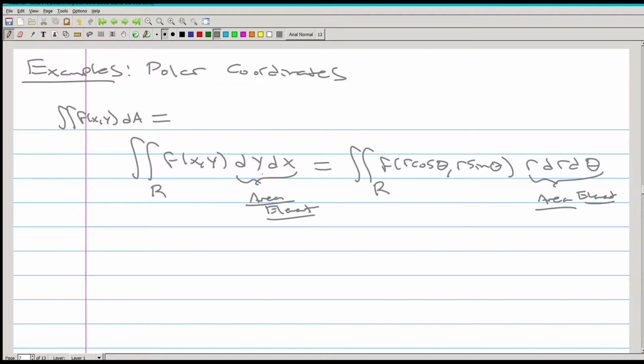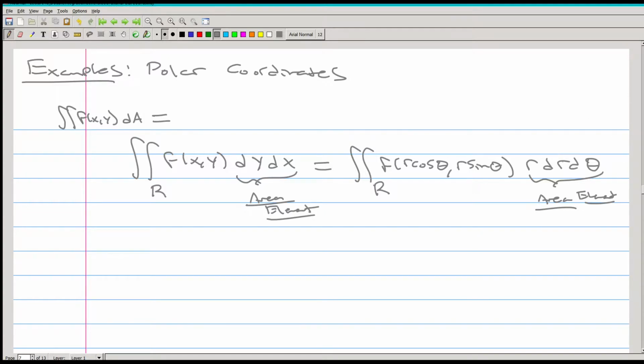And then what also changes is the area element, or the dA, because the boxes in the Riemann sums in polar coordinates are going to be of a different shape than the boxes in Cartesian coordinates, which are standard rectangular boxes.